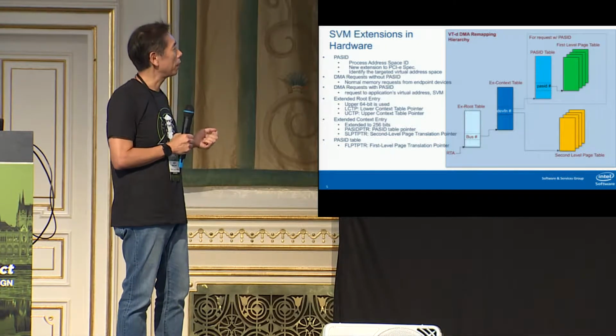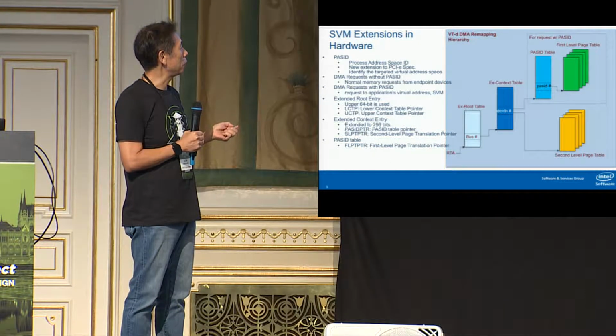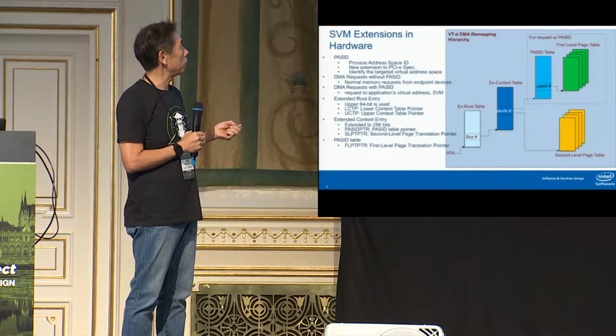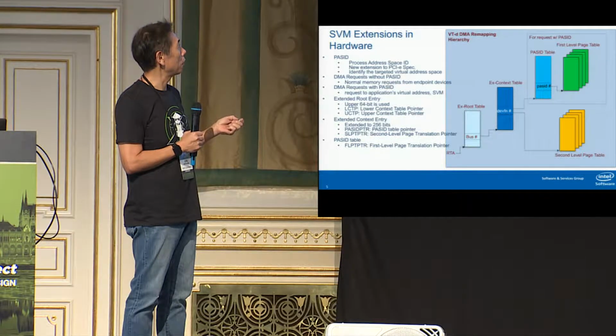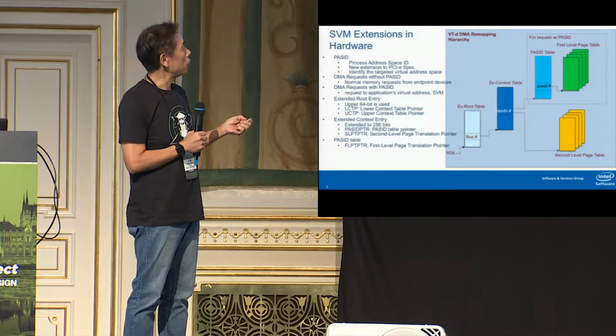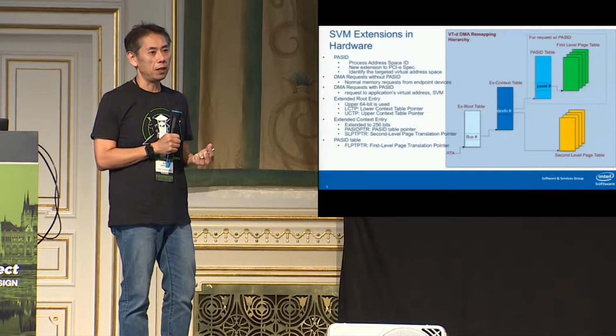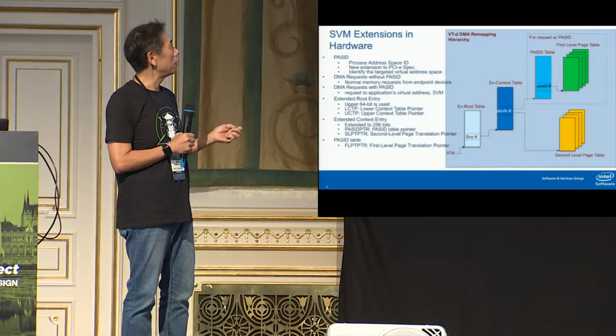This is the root table address, pointing to a context table, and we use the BDF as an index in this table.